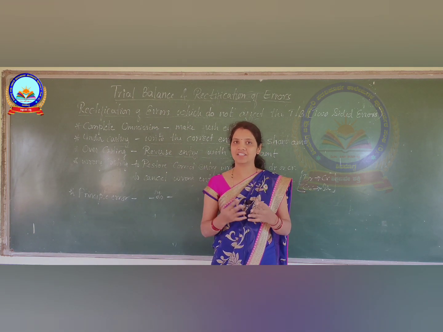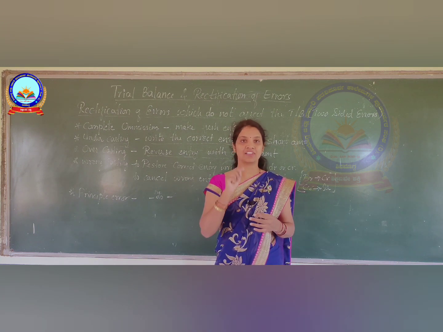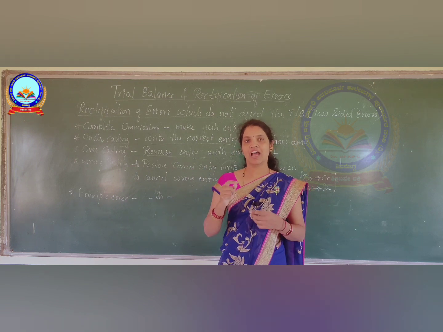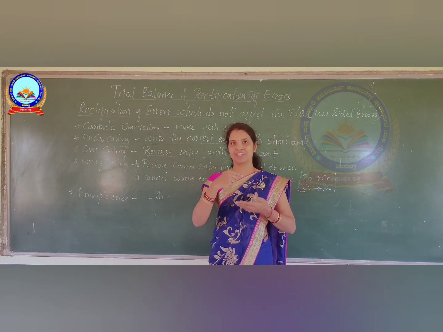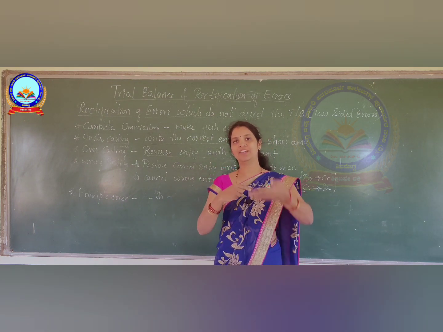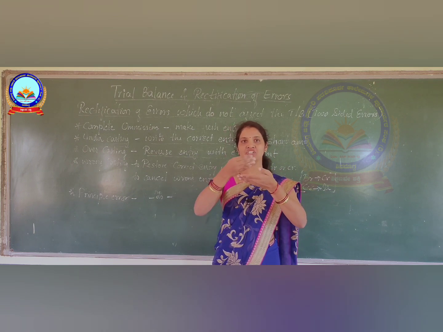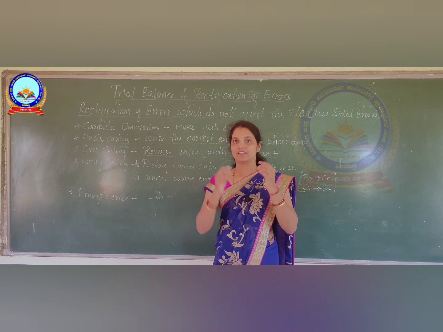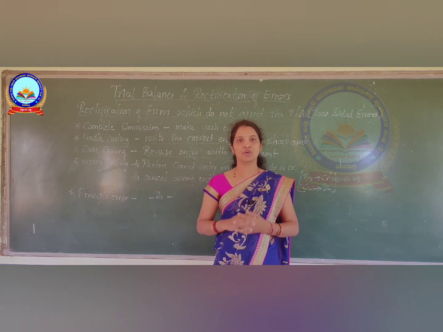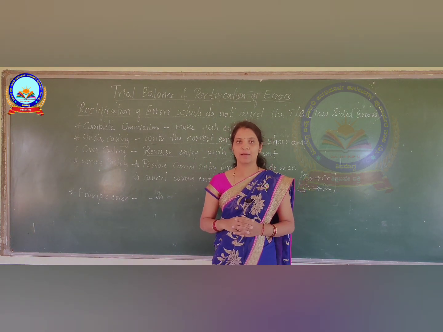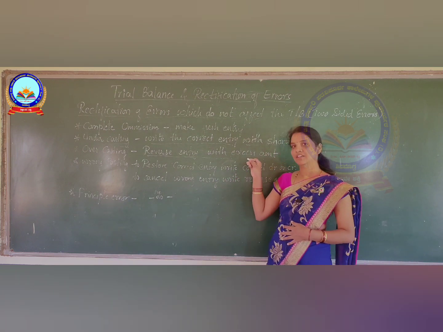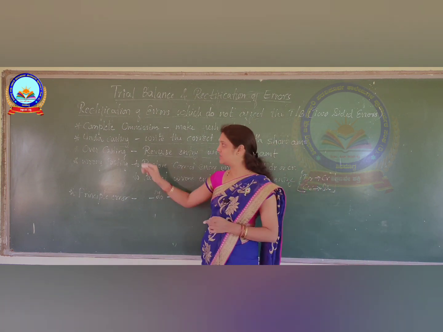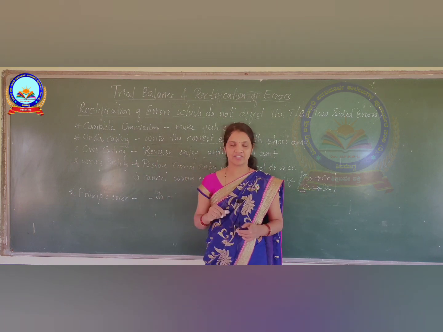I have to cancel both by rupees 35,000. To cancel rupees 35,000, I have to reverse the entry. Sales account is to be debited, cash account is to be credited. So what is the entry? Sales account debit to cash account, amount is the excess amount, rupees 35,000. This is the rectifying entry when there is overcasting.